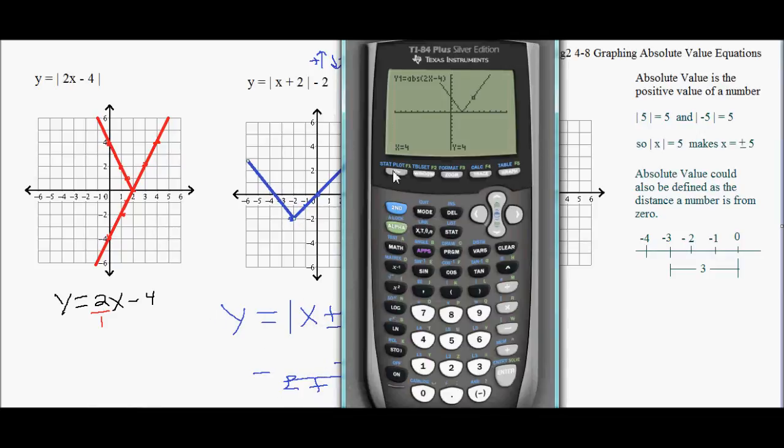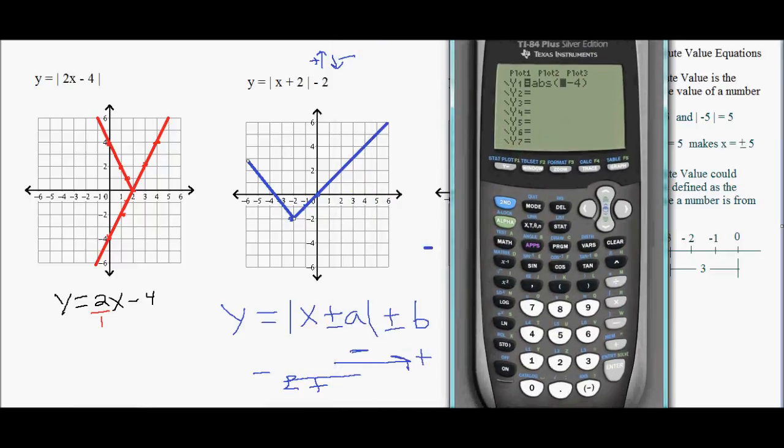So I'm going to go in here, cursor over, and clear that 2 out. I get plus 2, so I'm going to put the cursor over plus 2, then subtract 2. Okay, enter, I graph it.